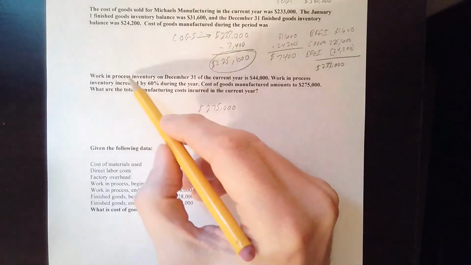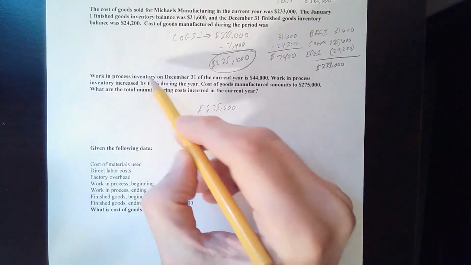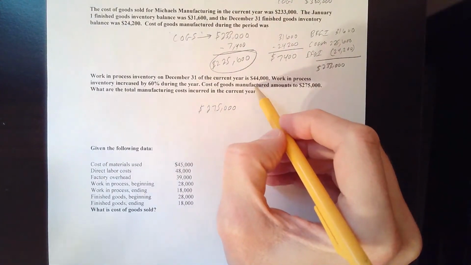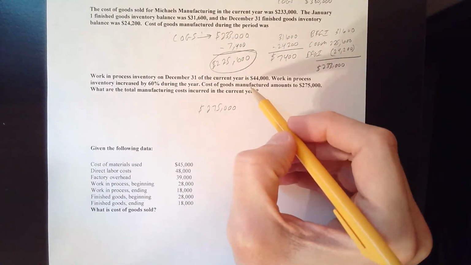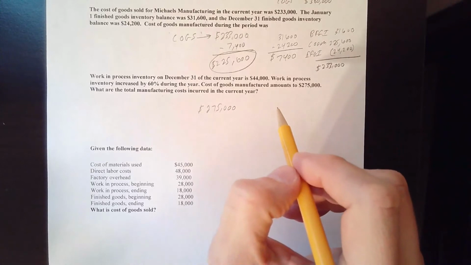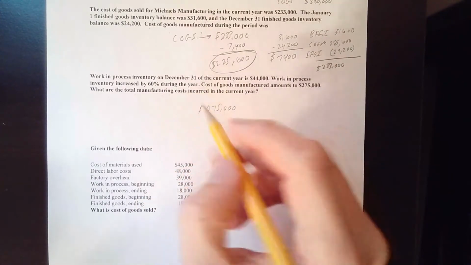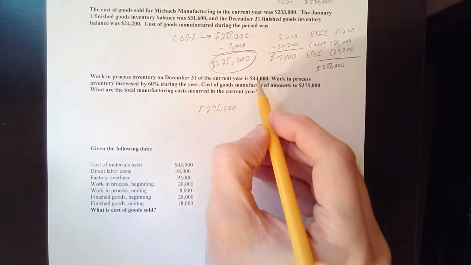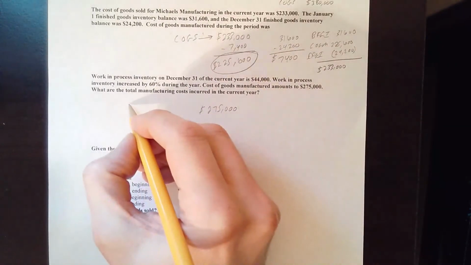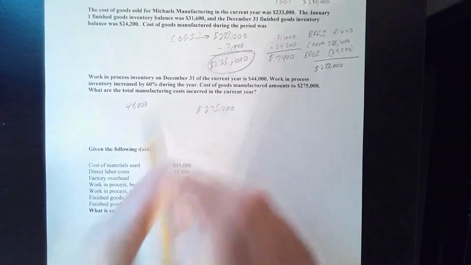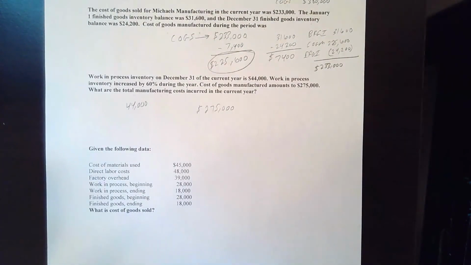So work in process is not a part of cost of goods manufactured. However, work in process costs are definitely part of total manufacturing costs. Okay, so if we started off at $44,000 for the year, and it says that figure went up by 60%.